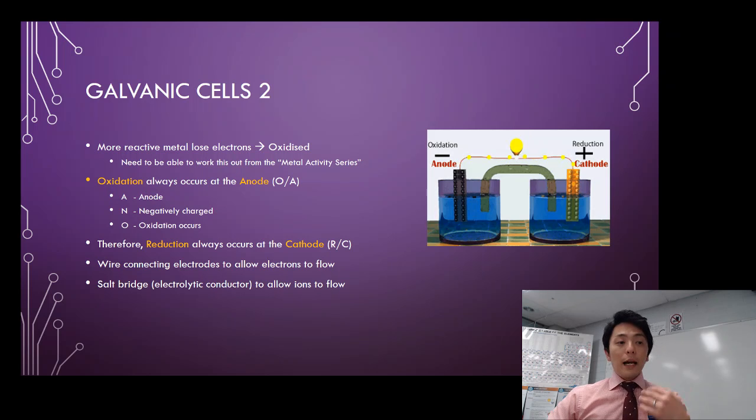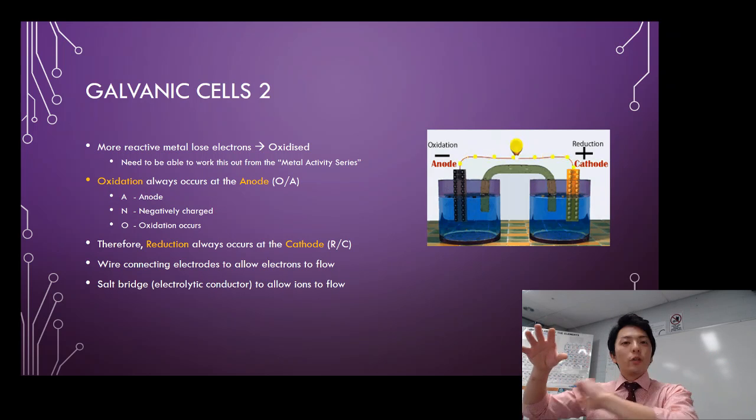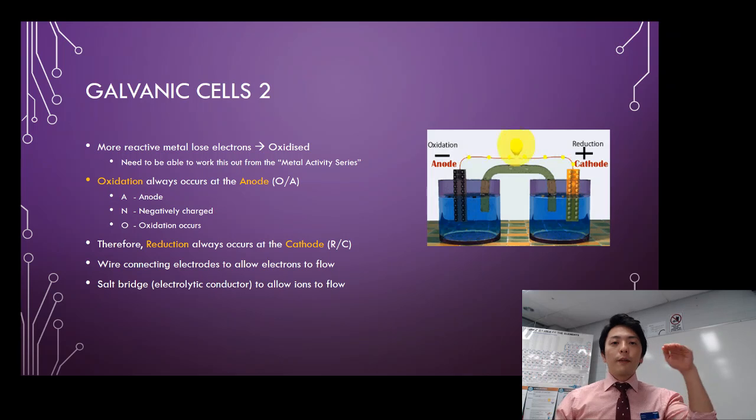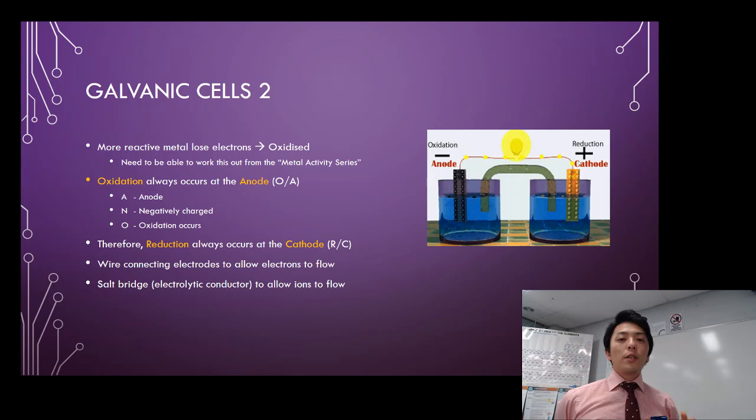It allows the ions to flow, because one side will be more negative, one side will be more positive. So the positive side would attract negatively charged ions, and if a number of positively charged particles on one side gets consumed, then you need to put a bit more positiveness. So that's what happens to each side. We will be watching this video of how we can make a galvanic cell or battery with coins.